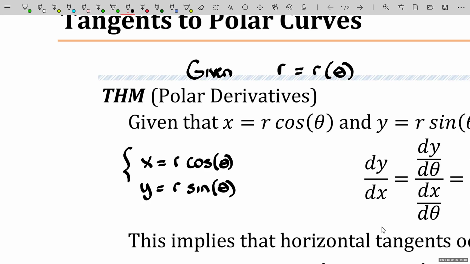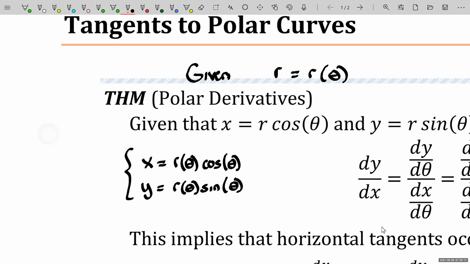X is defined in terms of t, and y is defined in terms of t. However, I'm going to scoot things over slightly because technically r is also a function of time. I say time, but really it's theta, but time and theta, whatever. It's just a variable. So that is a parametric curve.